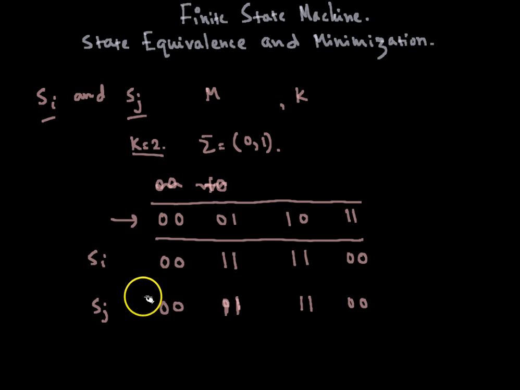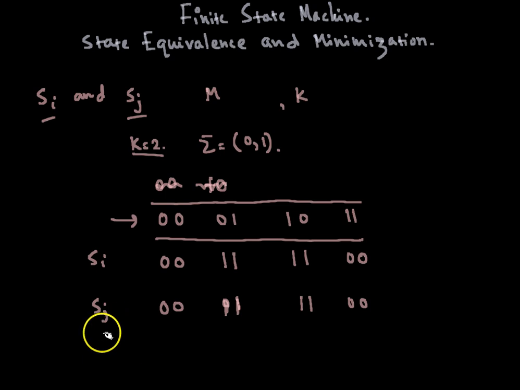Now if for input string of length 3, in the same example, we get different output sequences for Si and Sj, by considering Si and Sj as initial states, then we say that Si and Sj are 3 distinguishable.